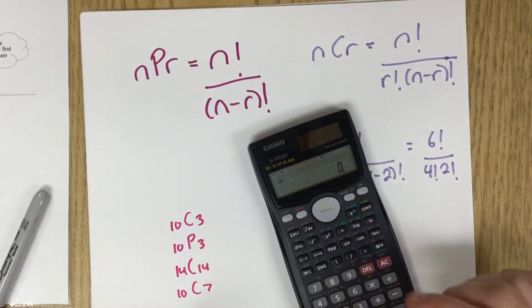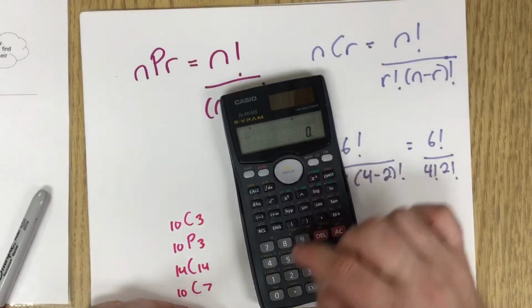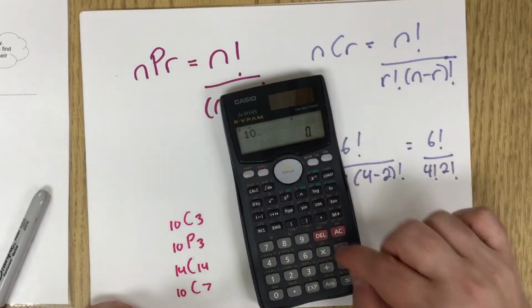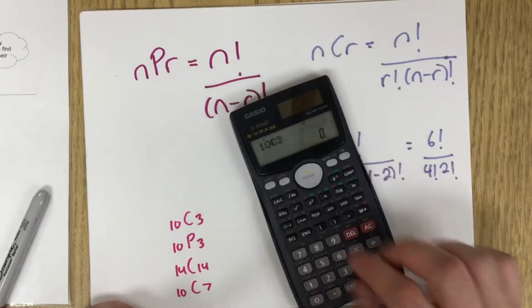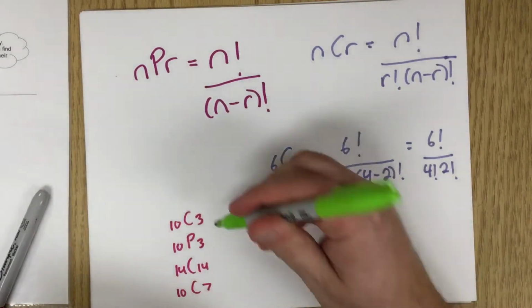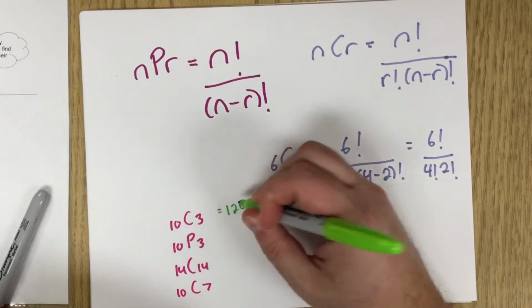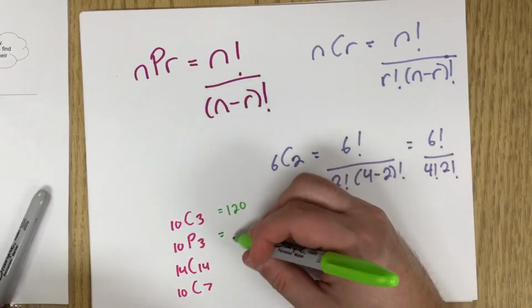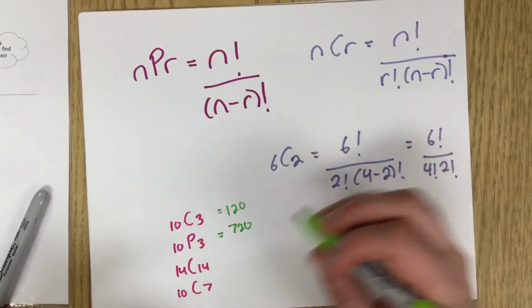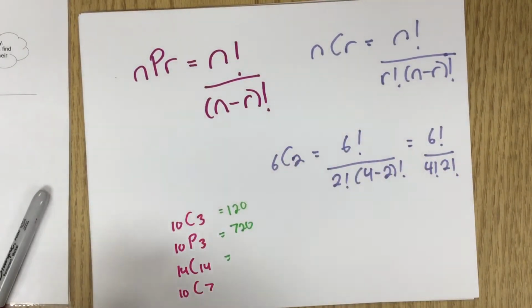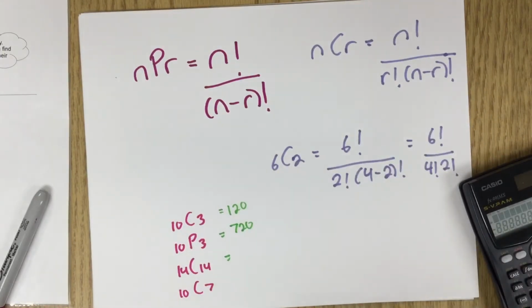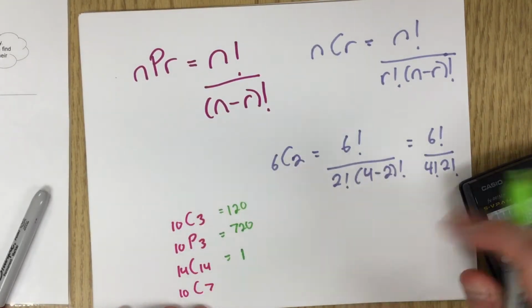Some have a button just like that, others it's hidden under probability. Mine says 10 choose 3 on it. So that's 120. 10 pick 3 would be 720. 14 choose 14, if you plug it in, you would find out that it's 1.